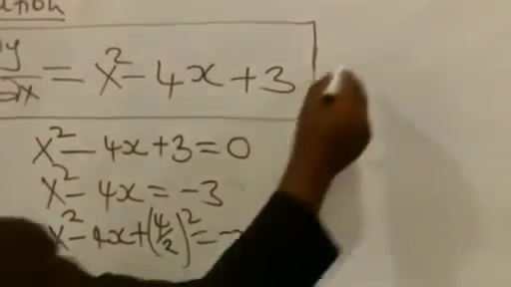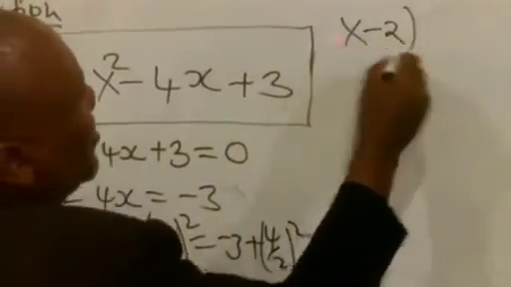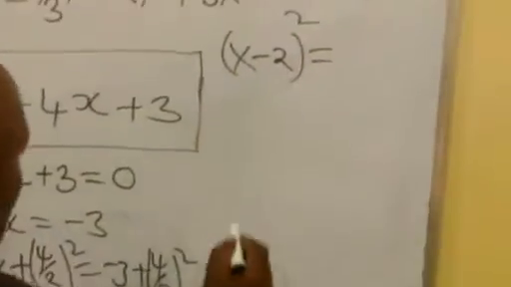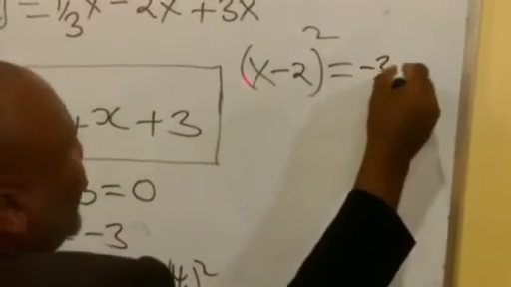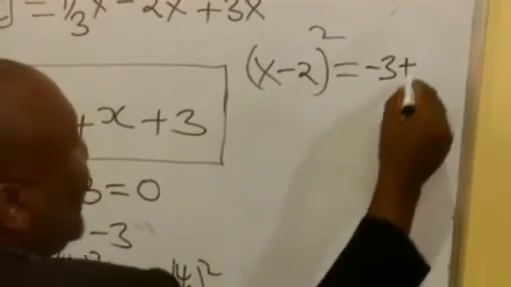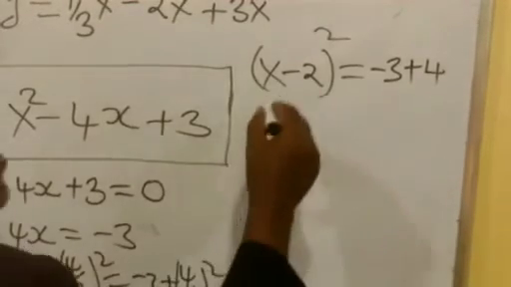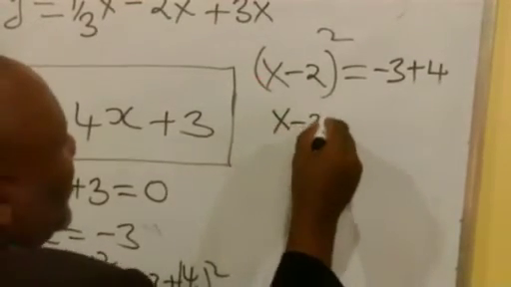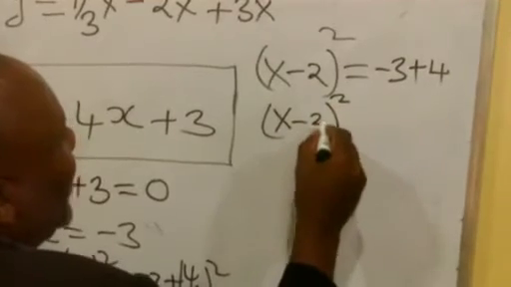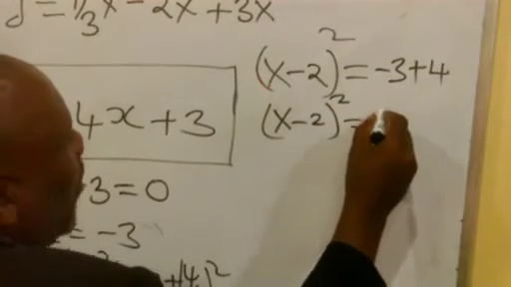Then you are going to have (x minus 2) squared equals negative 3 plus 4. This one is going to be (x minus 2) squared equals 1.